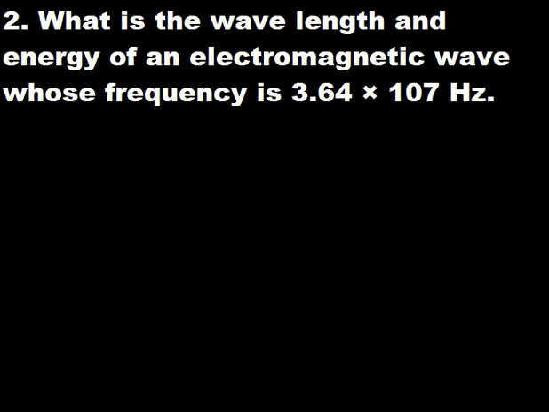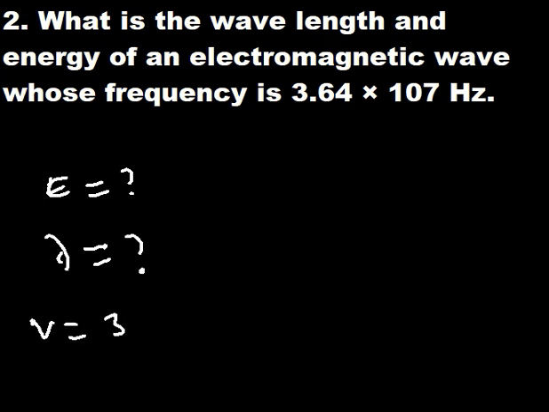And now let's have the next question: what is the wavelength and the energy of an electromagnetic wave whose frequency is 3.64 times 10 to the power positive, per hertz? So we are looking for the energy and the wavelength, and we are given the frequency.